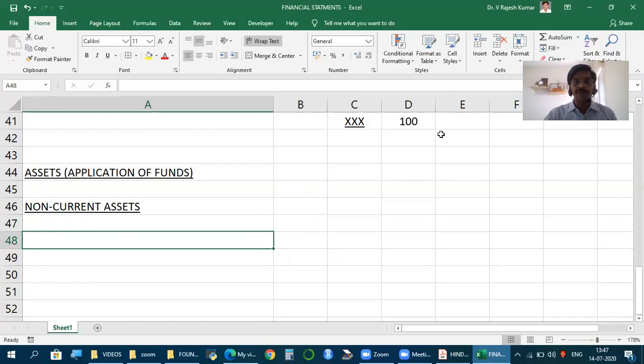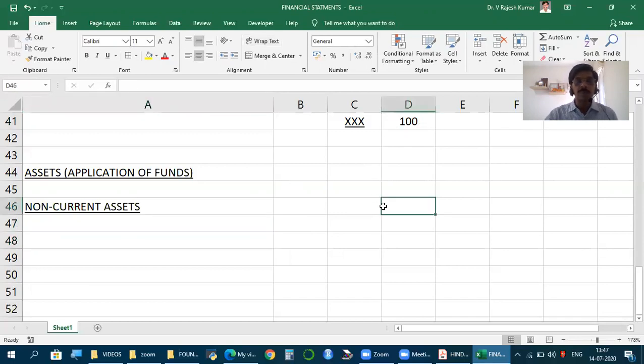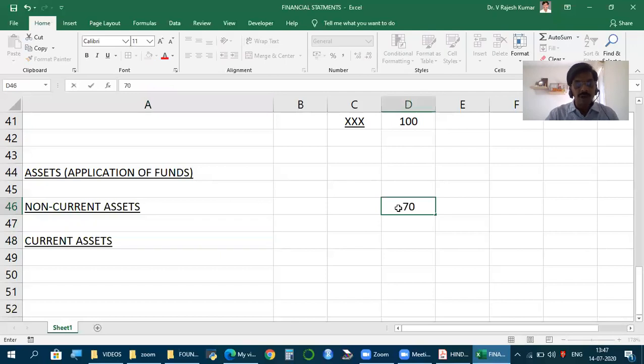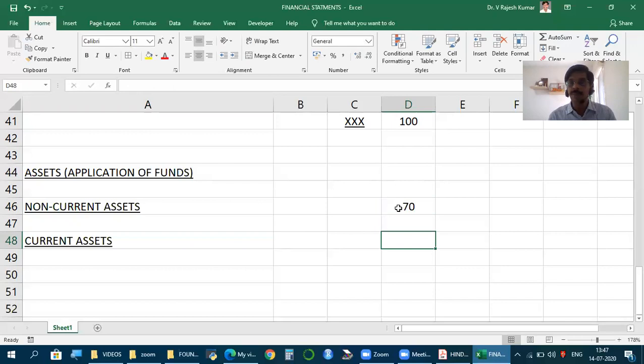So out of the funds mobilized, one portion will be invested in non-current assets, and remaining is used to run the business, which you call as current assets. That is using the funds for short-term requirement. Current assets. And what do we have in current assets? Visualize. Assume out of 100 crores, 70 crores is in non-current assets, 30 crore, do we just keep it as cash?